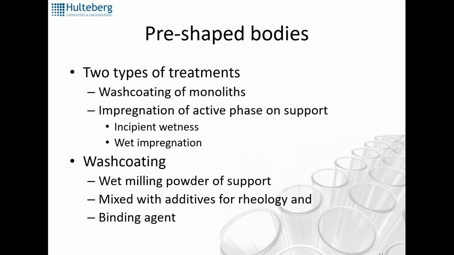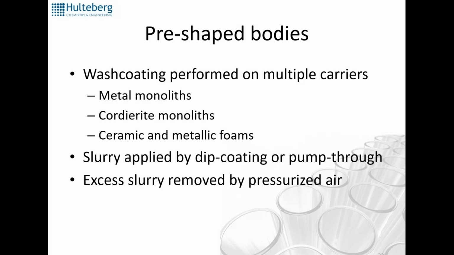The impregnation of the active phase on the support can be done either by incipient wetness or wet impregnation. And this wash coating of the monolith can be done on different types of carriers. Either they're metal monoliths, where it's really important that you do a suitable pre-treatment of the metal to make sure that the wash coat can stay on the metal.